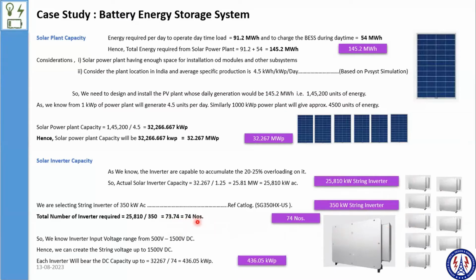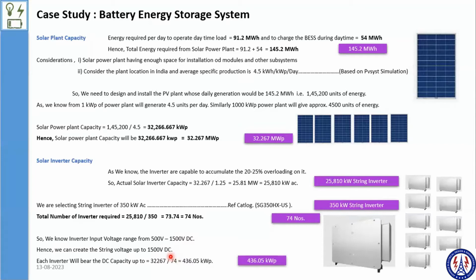This is my requirement, or the quantity of the inverters. We know the inverter input voltage range stated in their catalog is 500 volt to 1500 volt DC on the input side. Hence, we can create the string up to 1500 volt DC.